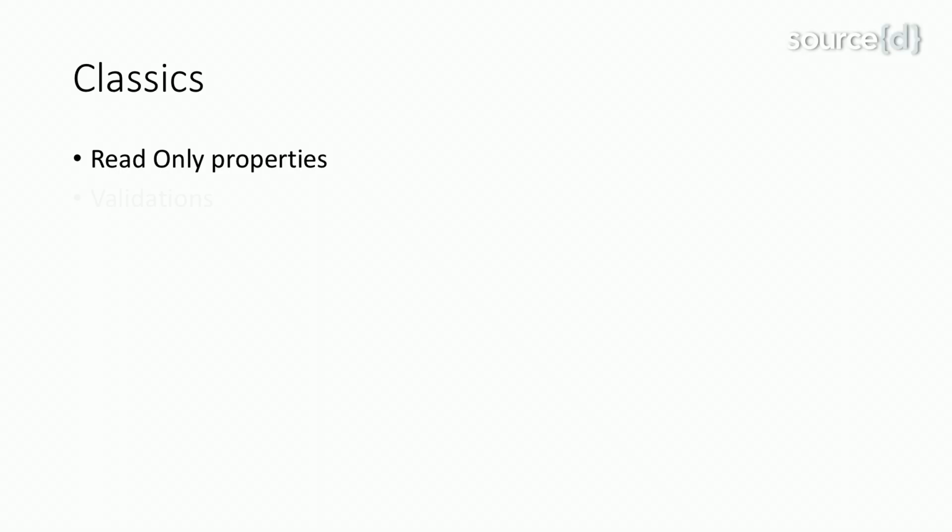We have the classics. We have the read-only properties. Fun thing about this is that Glimmer, do you know what Glimmer is? Cool. It uses decorators to say that a property can be written, not that it's read-only. We can do validations. I hope you expected this one, since we have done that in the last 10 minutes.